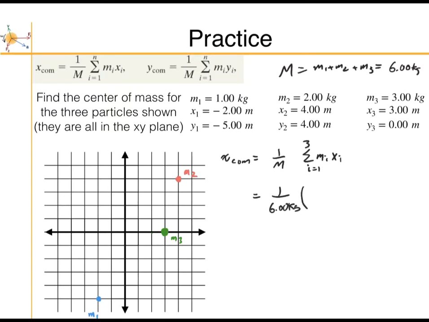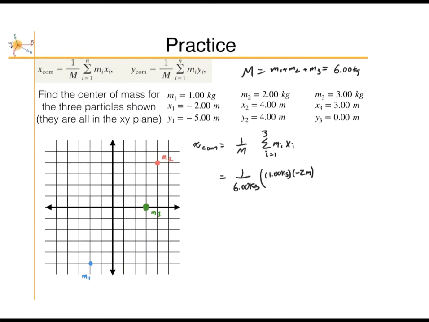And then it'll be the product of all those values. So it'll be 1 kilogram times the x1 is -2 meters. I'm going to skip sig figs for now to save ourselves a little trouble here. Plus, and then 2 kilograms times the x location for the second object, which is at 4 meters, plus 3 kilograms times the location of the third object, which is at 3 meters.